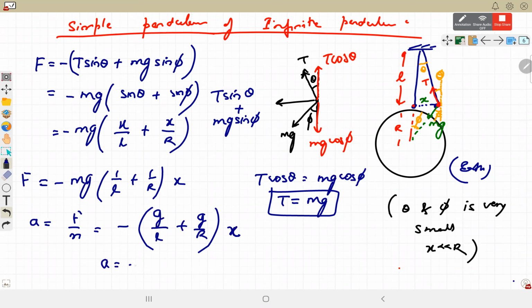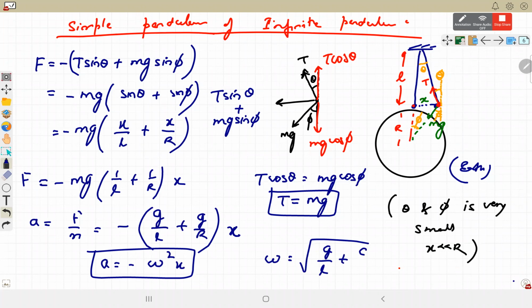Compared to the standard equation, a is equal to minus omega square x, we get omega as the root of g by L plus g by R. Right.